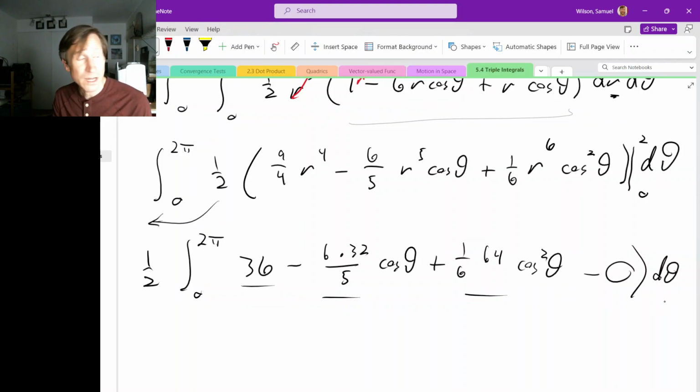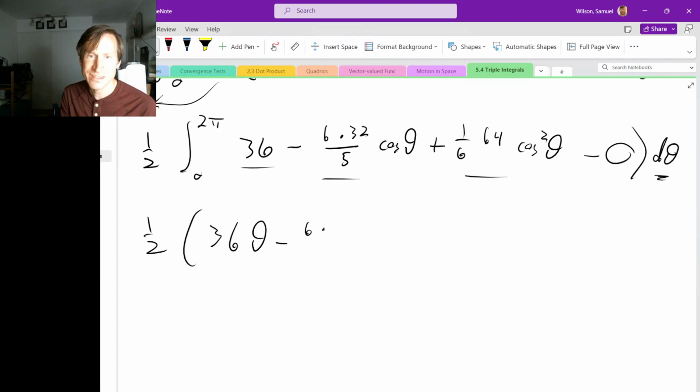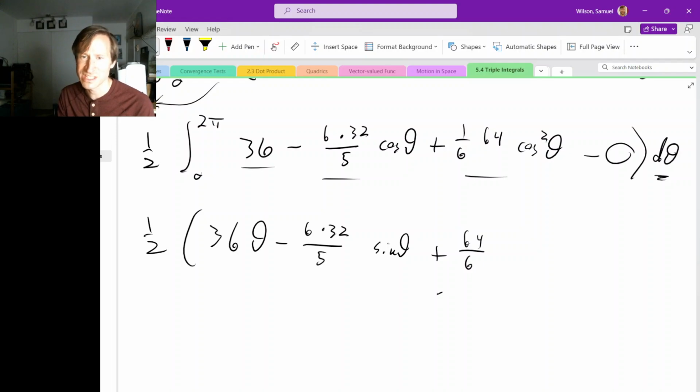Okay, so I'm not going to do the arithmetic on these constants. The only integral we have left is this theta integral, and all of these things we can integrate with respect to theta. So 36, the integral of that is 36 theta minus 6 times 32 over 5. Integral of cosine is sine theta plus 64 over 6, right? Simplify your fractions, kids, but I'm not going to do it right now.